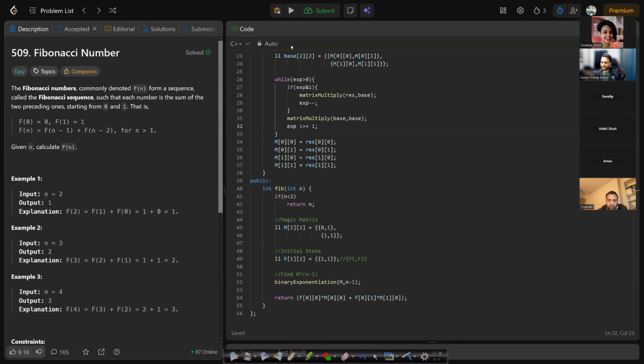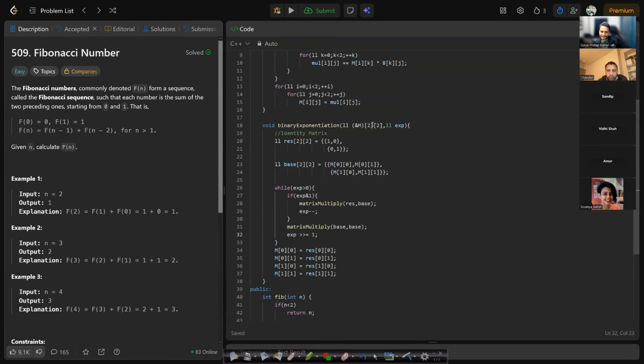Soumya, you want to ask something, or you were saying that you are done? Done. Sorry. Okay. One question again on the base matrix. Do we really need to declare this base matrix? Can't we use the M itself? But that M will change. If you are good with that, then you can use it. The M will change.